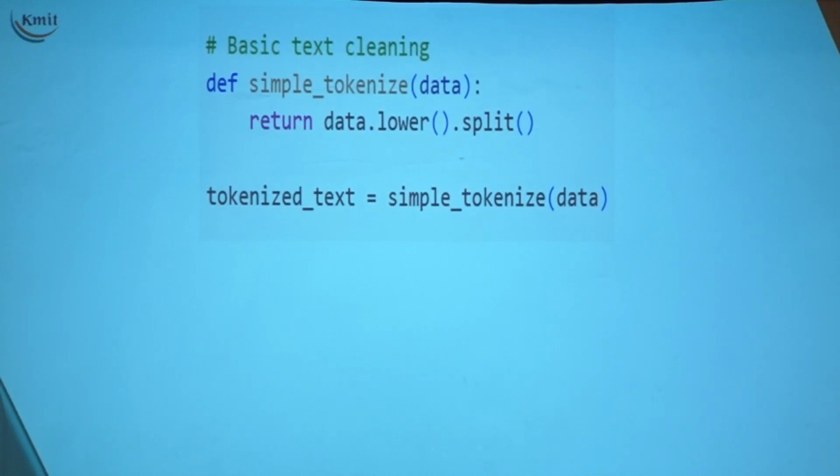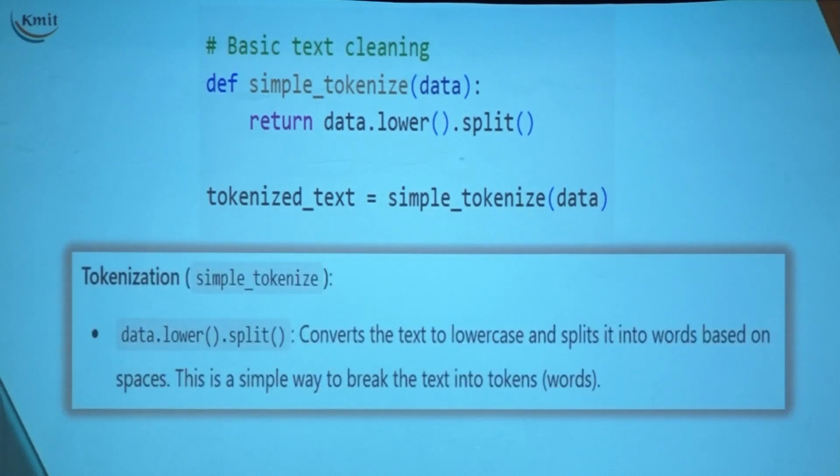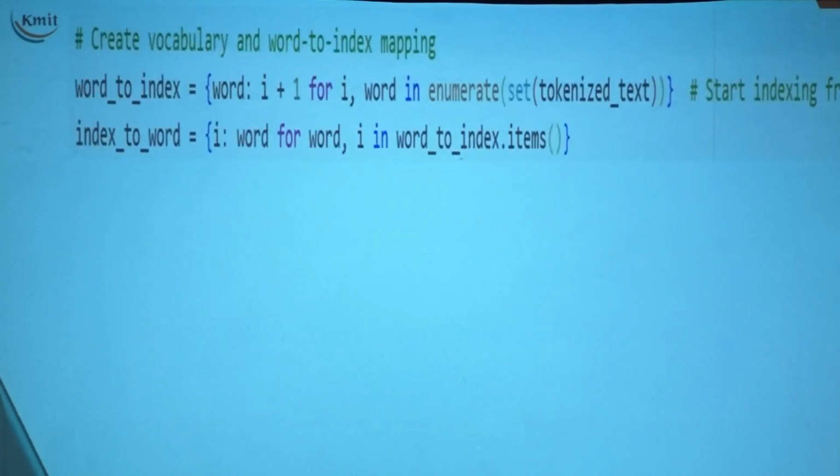I am using the split function to generate tokens out of my sentences automatically and then convert them into lowercase to avoid any case sensitivity. You can see what we are doing: data.lower().split() converts the text to lowercase and splits it into words based on spaces. It's the simplest way of converting it into tokens. Once we have done that, we store it in tokenized text.